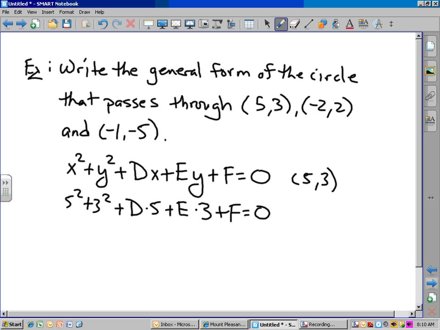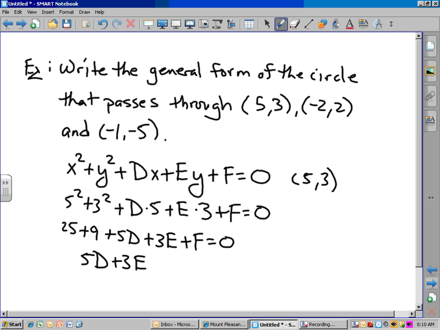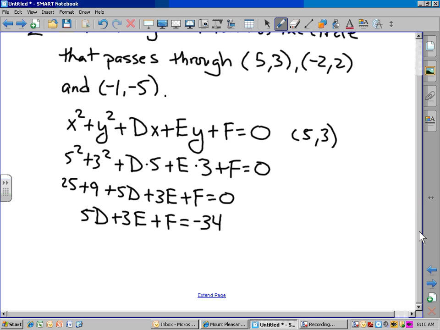Or 25 plus 9 plus -5d plus 3e plus f equals 0. Or -5d plus 3e plus f equals, what's 25 and 9? Move it over. -34. Okay, you see how I got that equation? Okay, this is not the answer. This is the first equation.